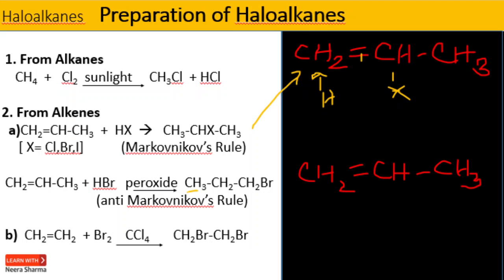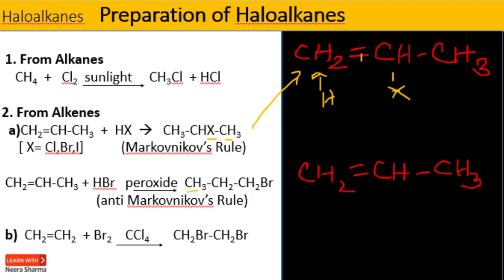Then X is attached here to the second carbon, and then CH3. Now in anti-Markovnikov's rule, this HX can be either HCl, HBr or HI. And anti-Markovnikov's rule you have done in class 11th.